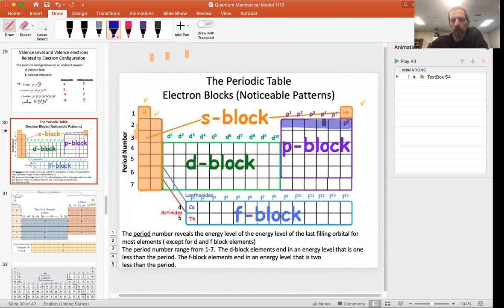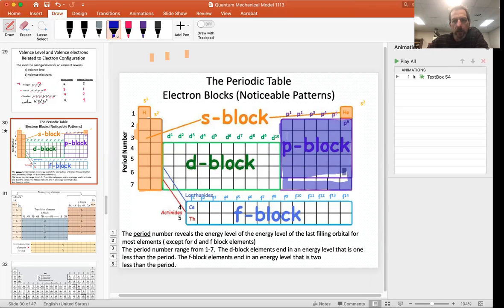What we also notice is that there is a region that we call the P block, and that's shaded in purple here. You're going to notice that the P block is 6 elements wide. So it ranges from P1 position all the way to P6 position: P1, P2, P3, and so on.